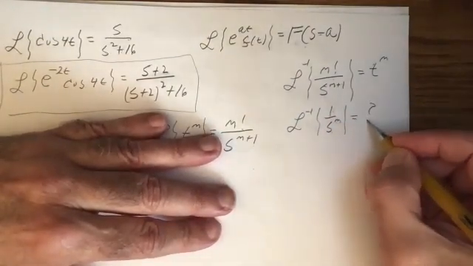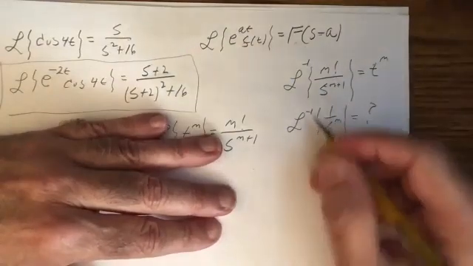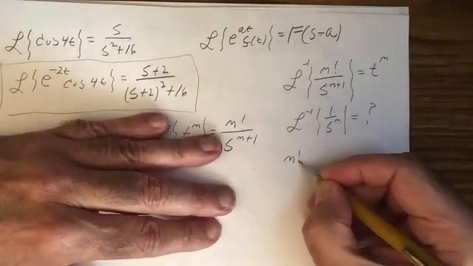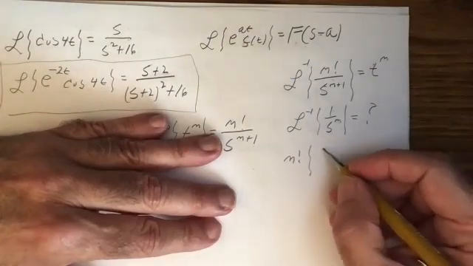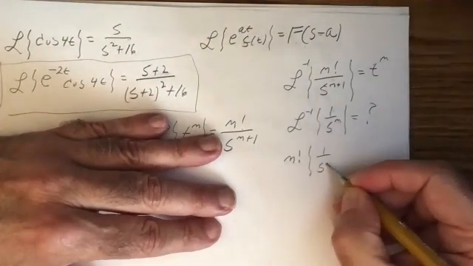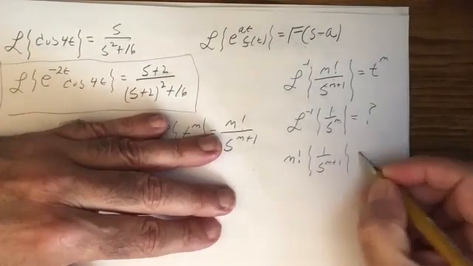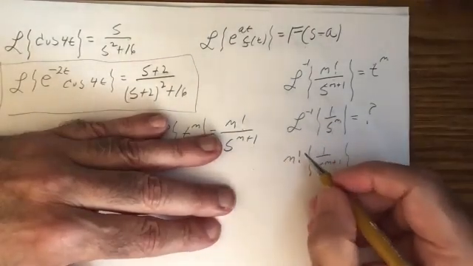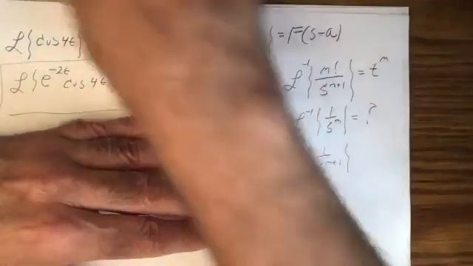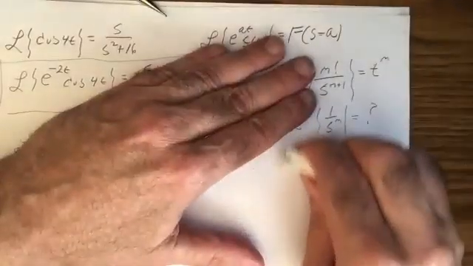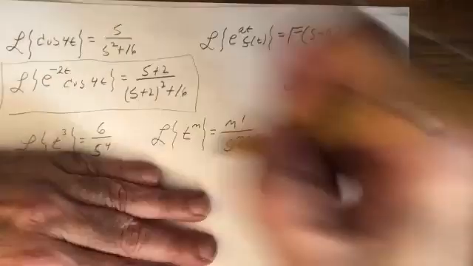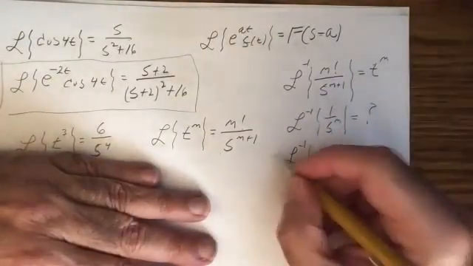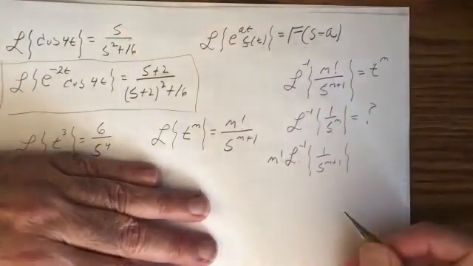Right now we don't know what this is, right? But I could factor out the n factorial and write it like this. So I got the n factorial out.